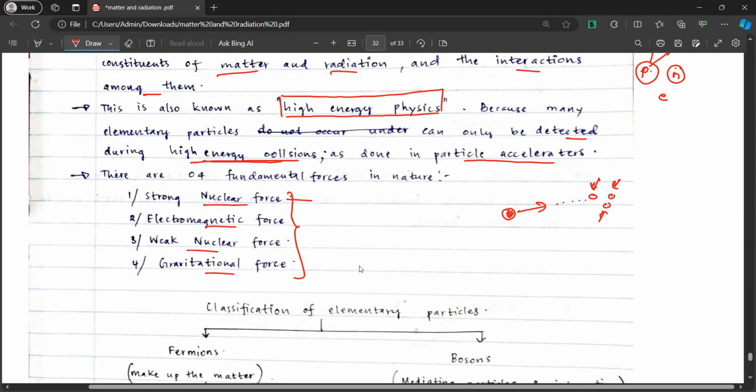Strong nuclear force is between proton and neutron, within the nucleus. Electromagnetic force is all around us, and gravitational force is also around us. We know what the gravitational force is. And weak nuclear force, I will check about this and let you know where we can find this weak nuclear force. Okay.